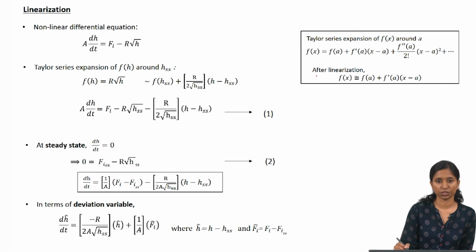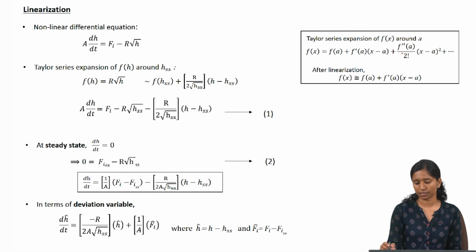Just for a quick revision, the Taylor series expansion of a function f(x) around an operating point a is given by f(x) = f(a) + f'(a)(x - a) + f''(a)/2! (x - a)^2, and so on. f(a) is the value of the function at a, f'(a) is the first derivative of the function calculated at a, and f'' is the second derivative, and so on.